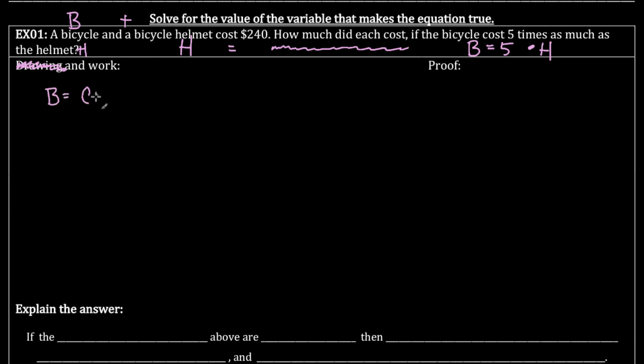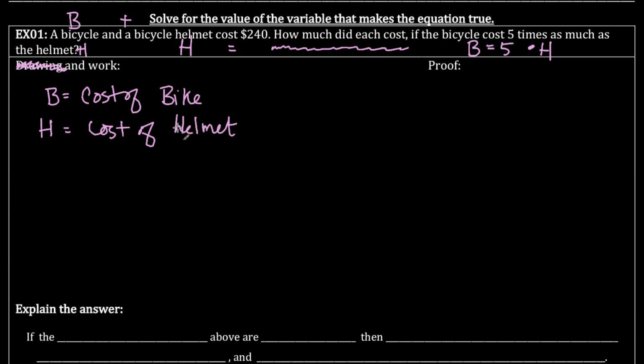B is the cost of the bike. H is the cost of the helmet.